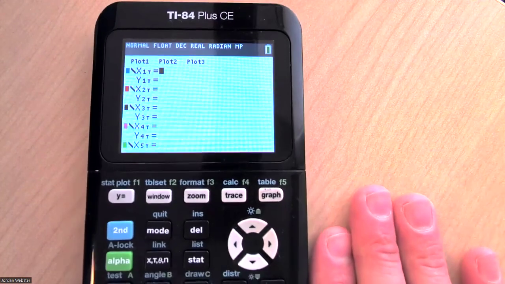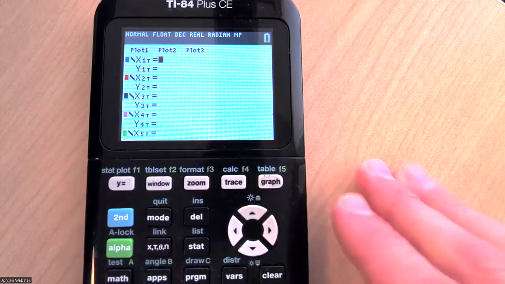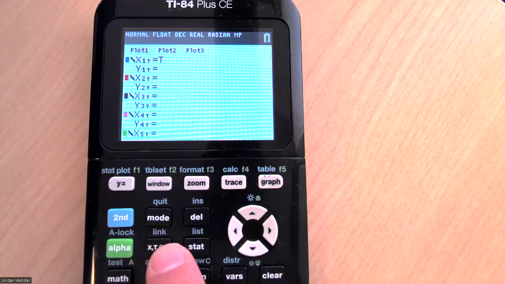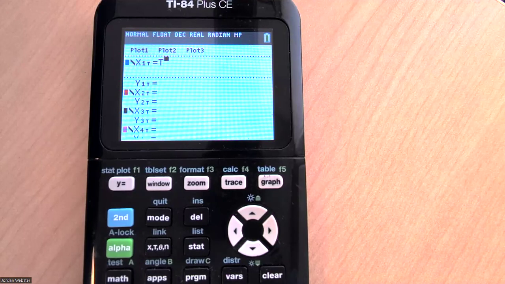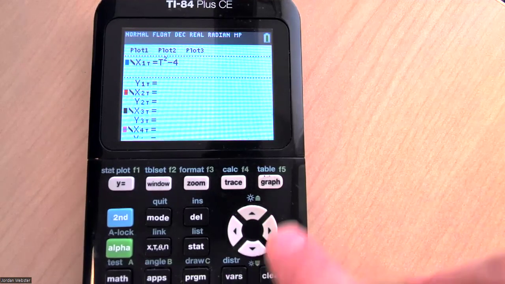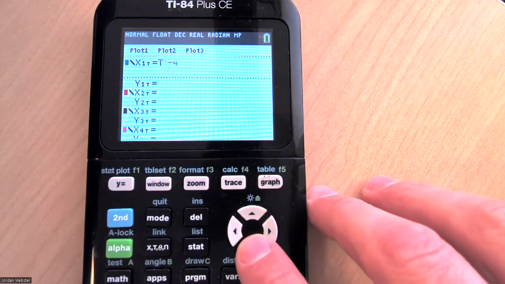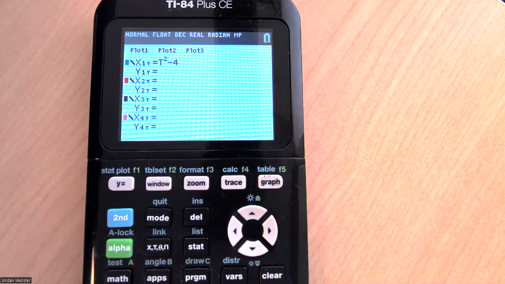Now the t that they want you to type in is the variable t. So this button here, t squared minus 4. Again, this variable key is what we're looking at. And then the y is going to be t divided by 2.